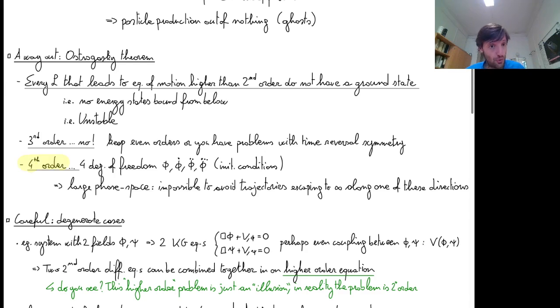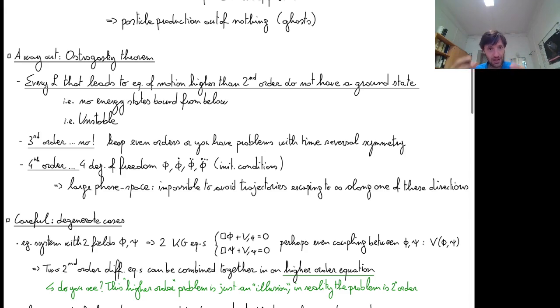If you go to fourth order, where you don't have this time reversal symmetry problem, then you have 4 degrees of freedom: phi, phi dot, phi dot dot, phi dot dot dot. Okay? What does it mean? It means that your phase space, remember that the phase space is the one describing the trajectories of possible physical evolution for your system, would be of a dimensionality which is extremely large.